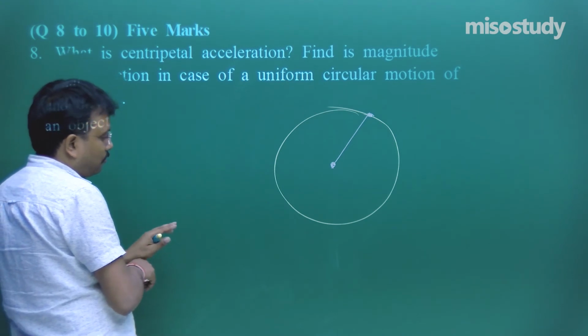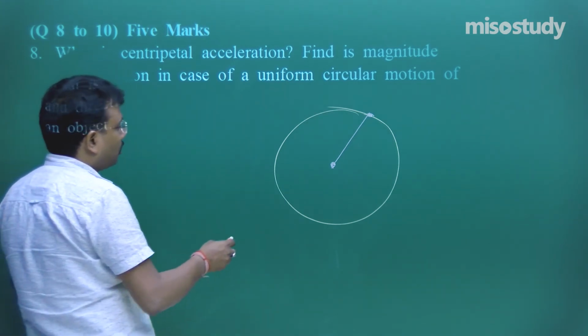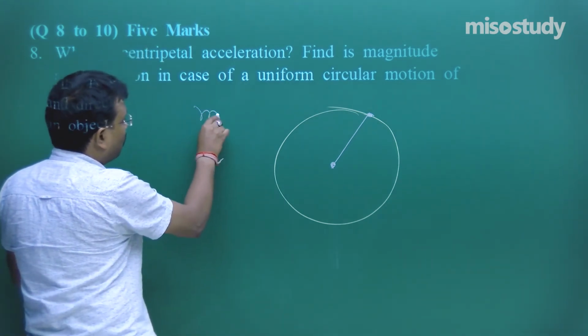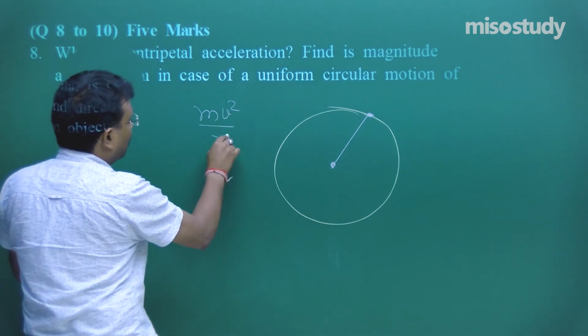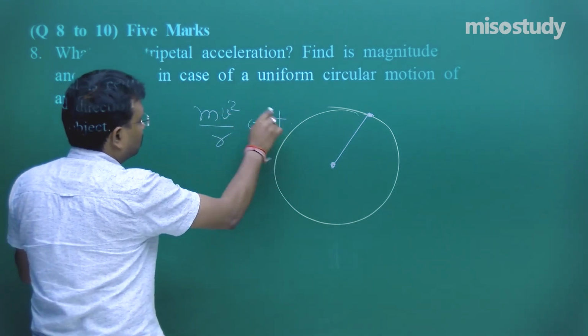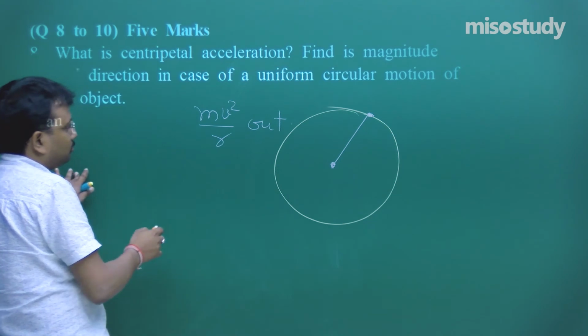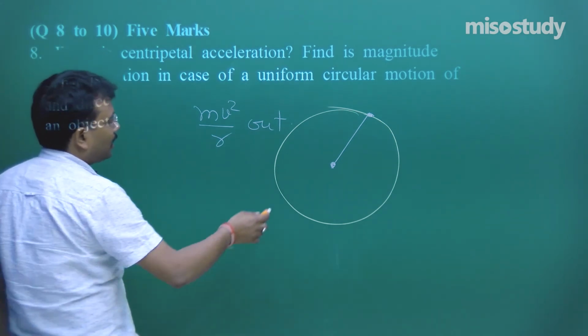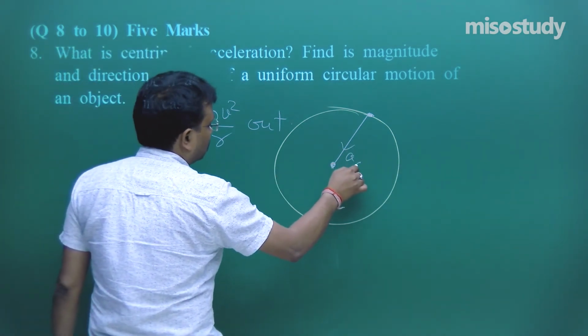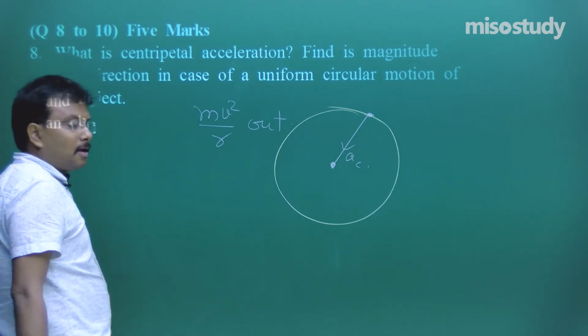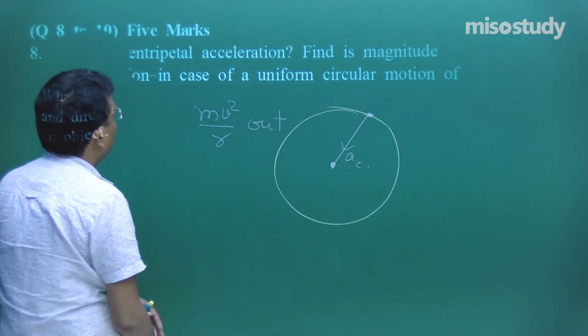Now, when the uniform circular motion will act, then what will happen? mv square upon r will act outward, fine, and acceleration then this way. So, you have to balance the forces.